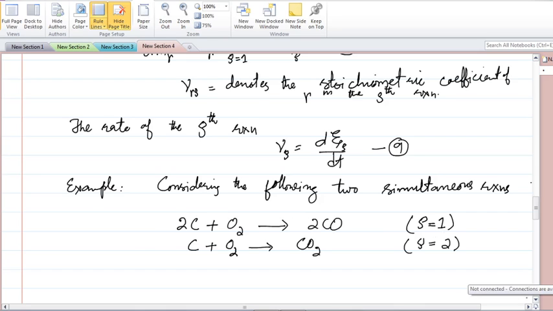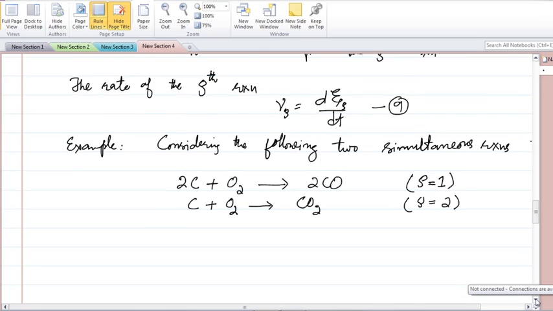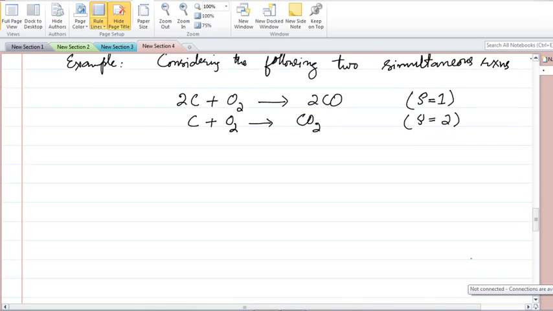That means now we can write the above formalism here. Suppose the change in number of moles of carbon will be equal to minus, here you will see carbon is on the reactant side, so it will be minus 2, and this is going on in reaction 1, so we will write d zeta 1.